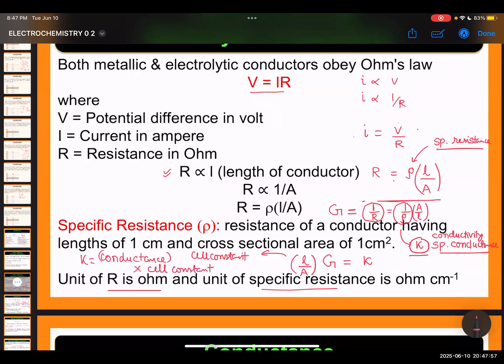Conductance is G, and cell constant depends upon the dimensions of the cell, L by A. Is this clear?